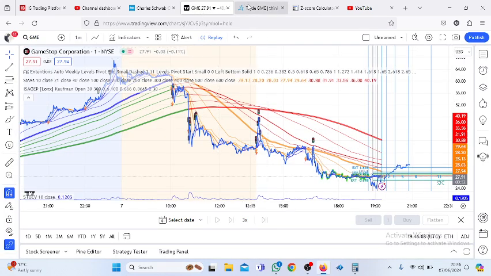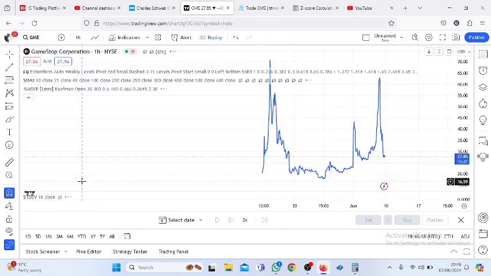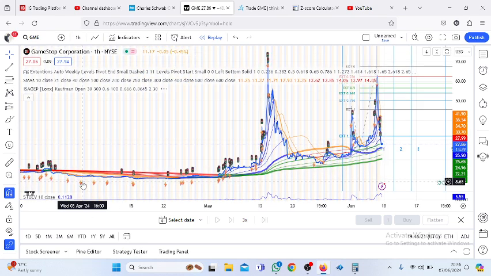We were able to determine the probability of it rebounding to $32. Let's look at the hourly chart. The probability is right around 55%.